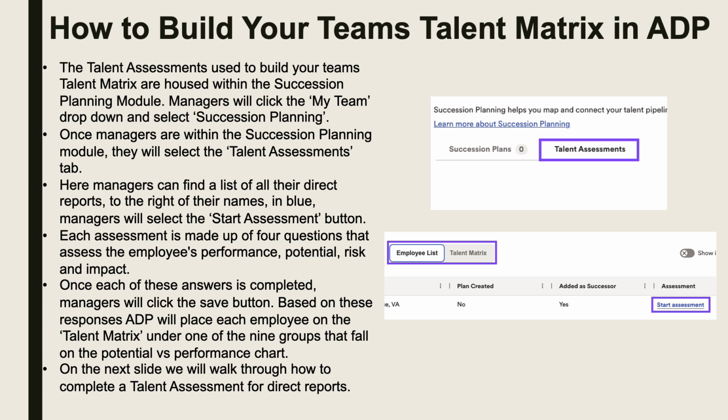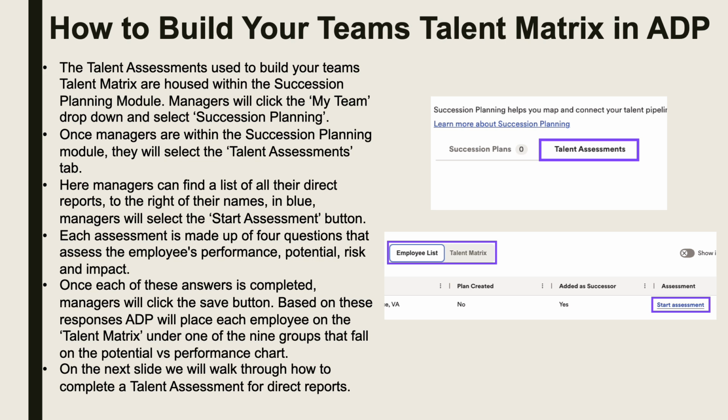Next, we're going to go over how to build your talent matrix within ADP. The talent assessments used to build your team's talent matrix are housed within the succession planning module. Managers will click the My Team dropdown and then select Succession Planning under Talent. Once managers are within the succession planning module, they will select the Talent Assessment tab. Here, managers can find a list of all of their direct reports. To the right of their name in blue, managers will select the Start Assessment button.